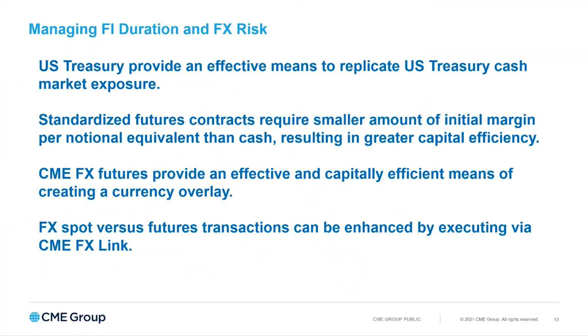Hopefully this gives you an example of how Treasury futures can be used to replicate a cash market exposure in U.S. Treasuries and can be used to extend or reduce duration. We could have just as simply looked at an environment where you wanted to reduce exposure.